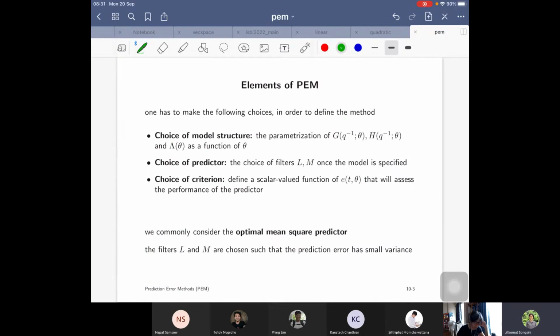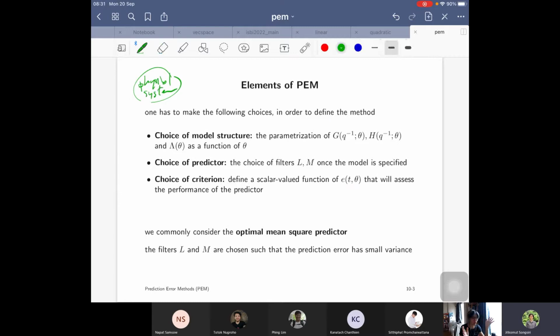The method of PEM involves several elements. Let me break down one by one for you. When you choose this method, the first thing is that, regardless of the parameterization of your ground truth physical model, I would use a physical system, that would be a better word.